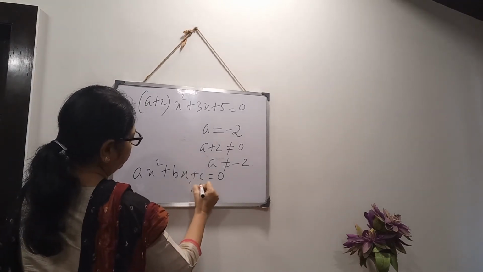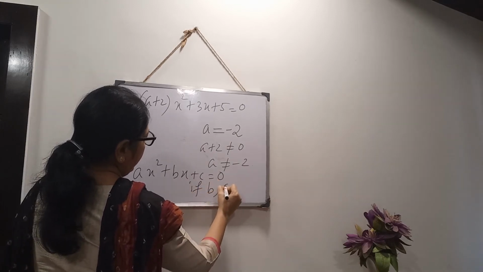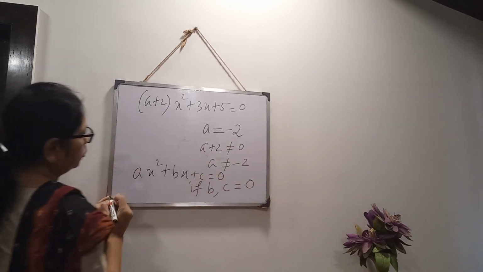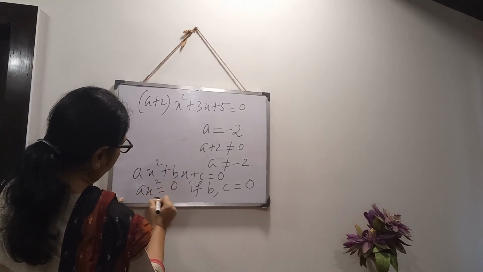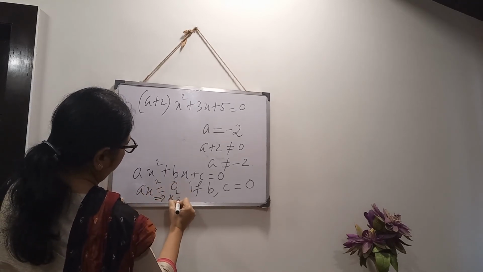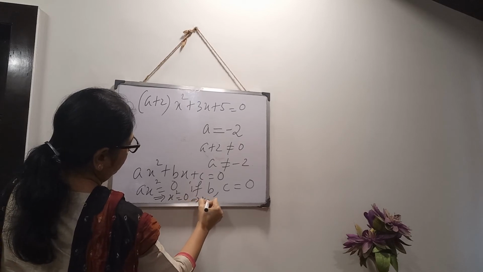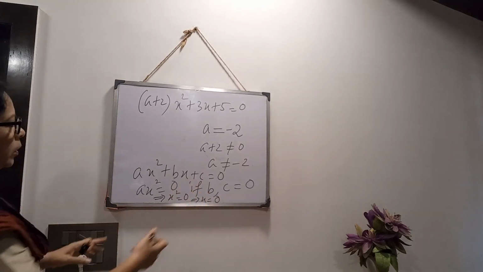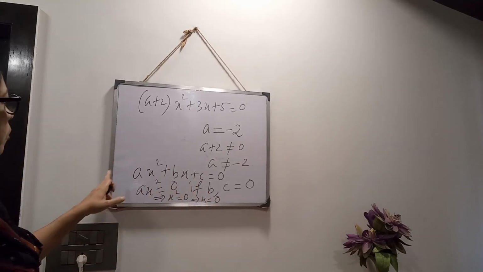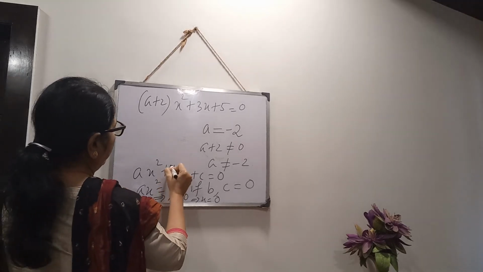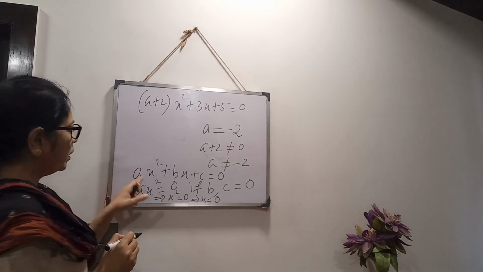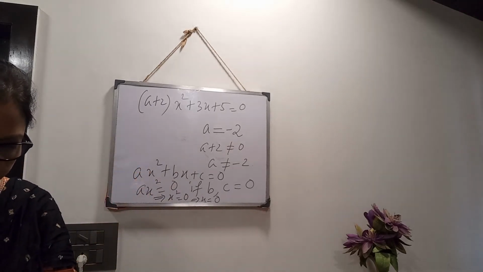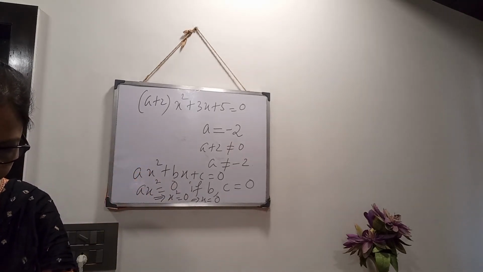Now if b and c both are 0, then what am I getting? ax square equal to 0. From there I am getting x square equal to 0. That means x equals 0. So one root is 0, so the other root will also be 0. So what is the condition? If b and c both are 0, then both the roots of the equation will be 0.